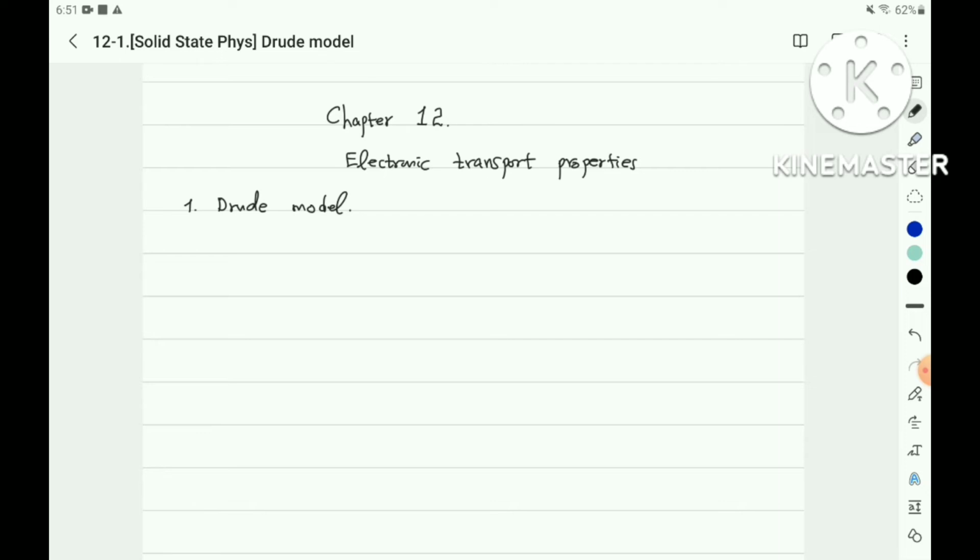Here the Drude model is a simple electronic transport model. Basically, the Drude model deals with electrons as particles, and particles can scatter with imperfections like defects, grain boundaries, or ions. There are so many imperfections in solid state. The Drude model deals with an electron gas, free to move in the solid, and the solid consists of positively charged ionic cores.